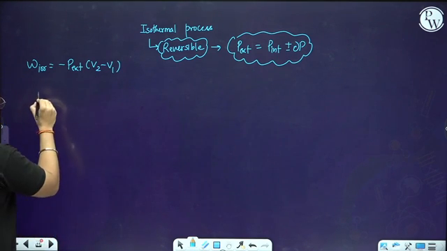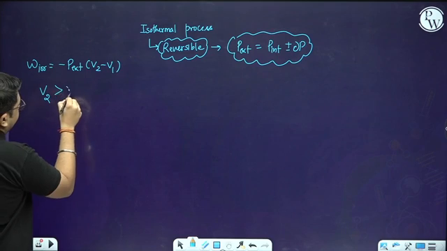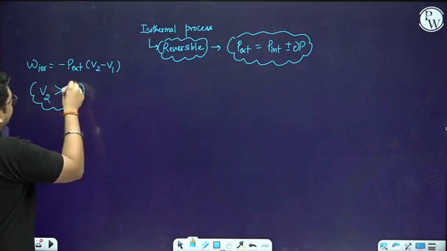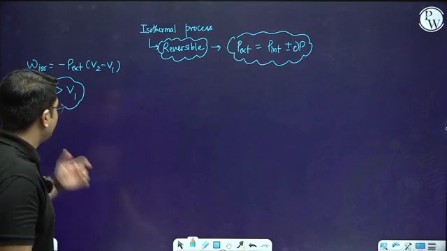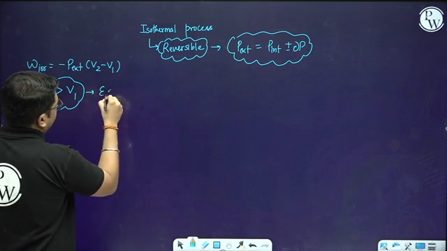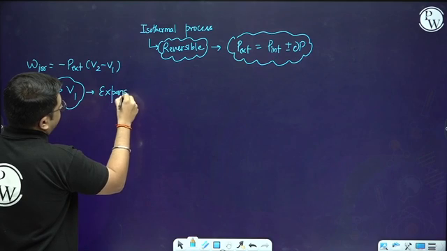Now let's say that V2 is greater than V1. It means after the application of pressure, volume is increasing, so we are talking about the process of expansion.